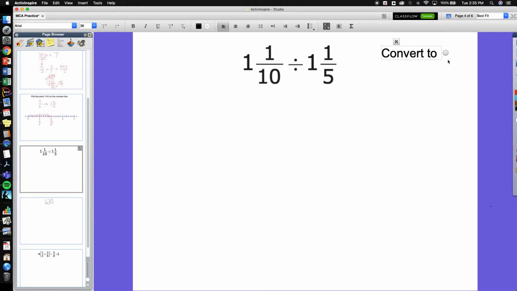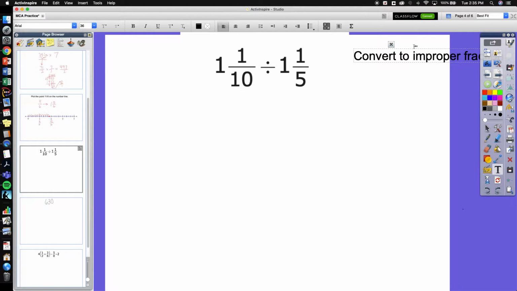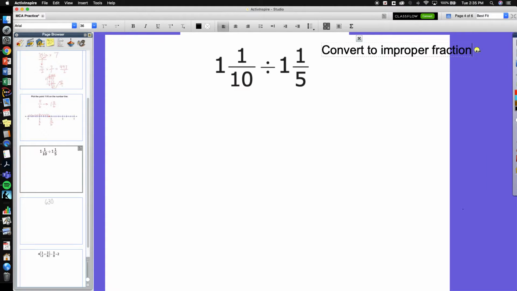First, we need to convert to an improper fraction. Then we have to flip the second and multiply. So we know that is how we divide fractions.